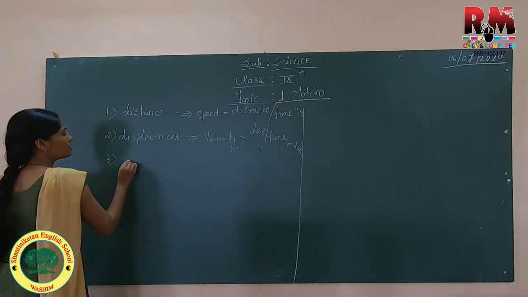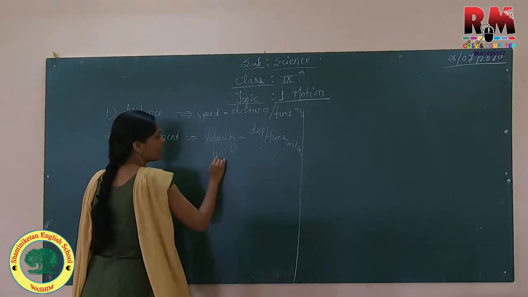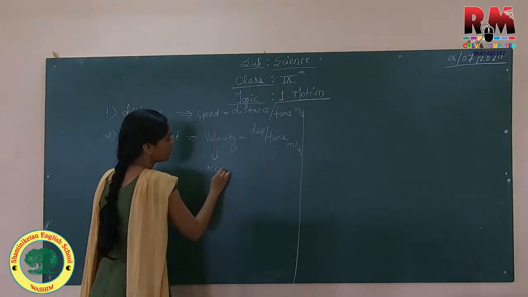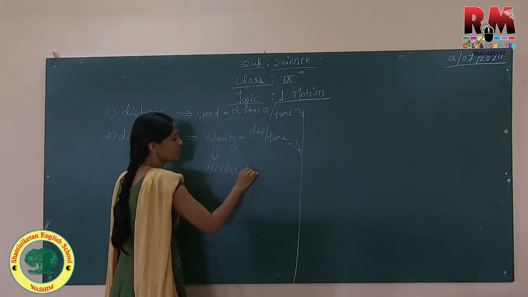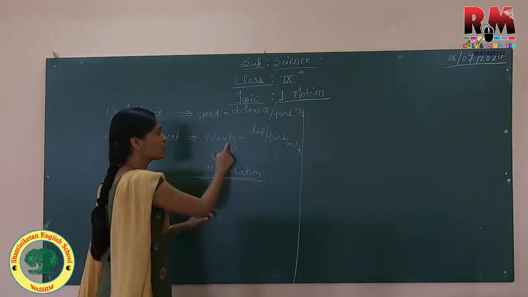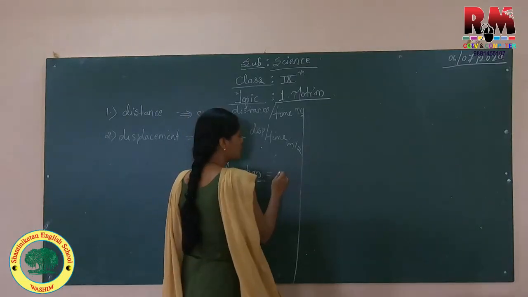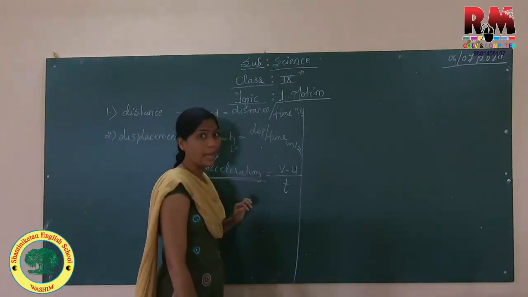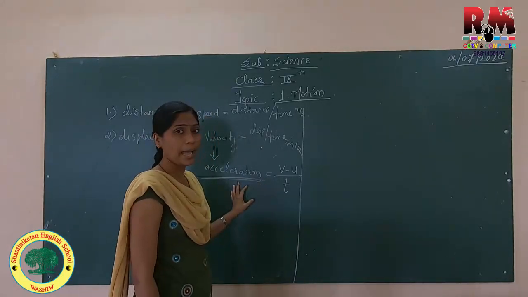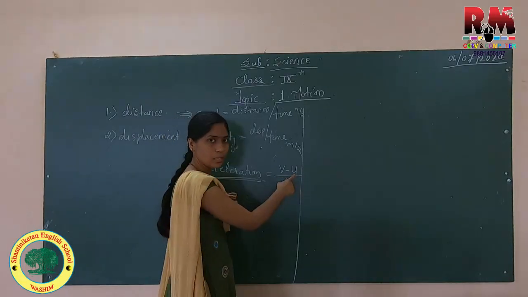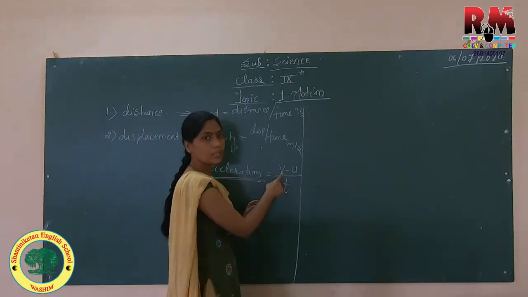Then after that we have seen acceleration. Acceleration is related to velocity. So what is acceleration? Change in velocity per unit time is known as acceleration. Here u is the initial velocity and v is the final velocity.